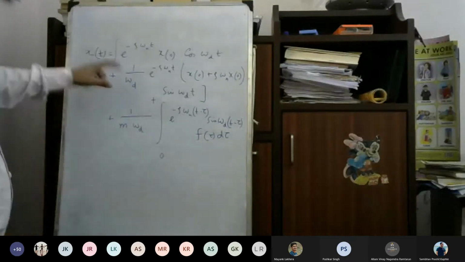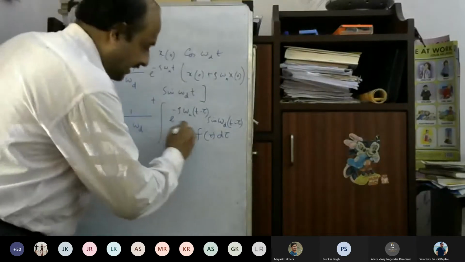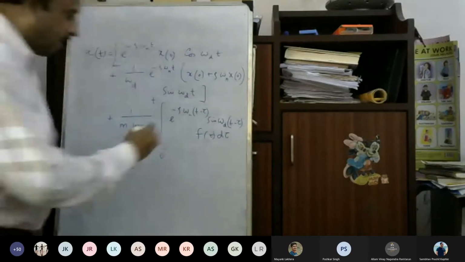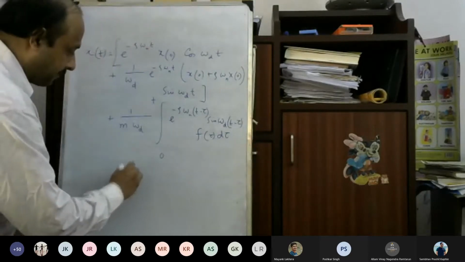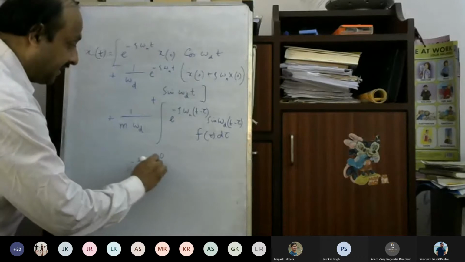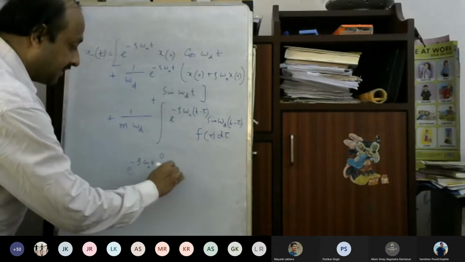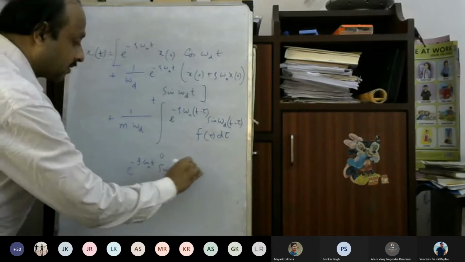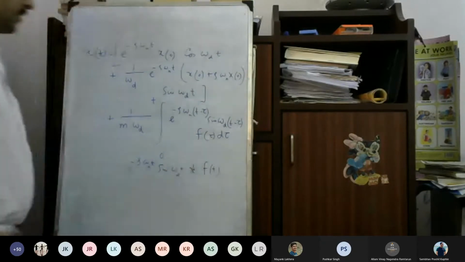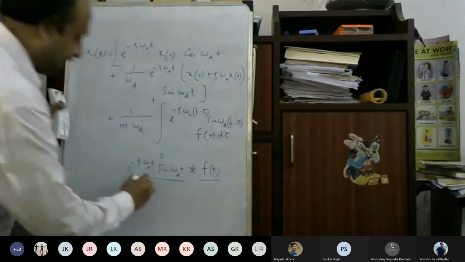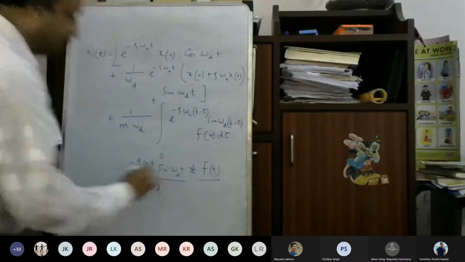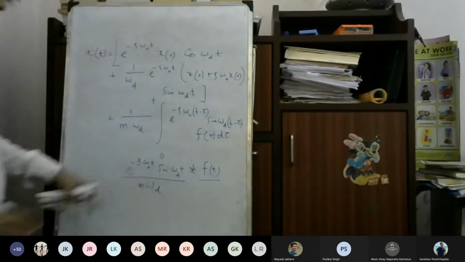Now here you see that we have an integral, the kind of impulse-like integral, where we have e to the power minus zeta omega n t sine omega d t, and the forcing. So it is the convolution of these two. This part, divided by m omega d, what is that?